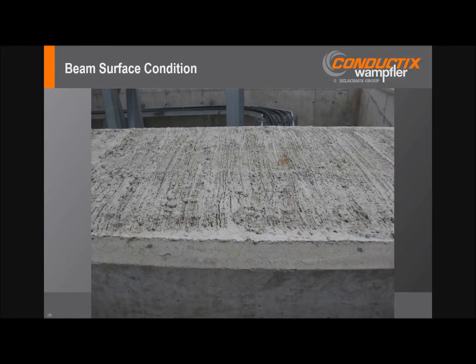Beam surface condition. Any condition which creates a loss or intermittent contact between a collector shoe and a power rail, bouncing of the collector, creates arcs. Arcs create electrical erosion to the contact surface of the conductor, and this is damaging to it.